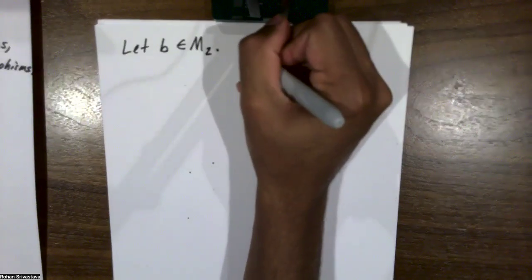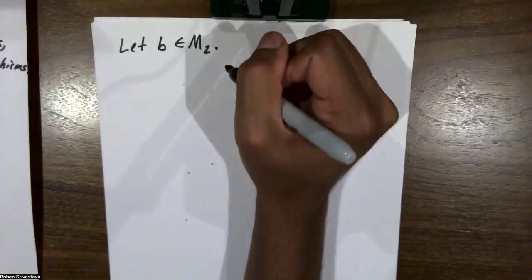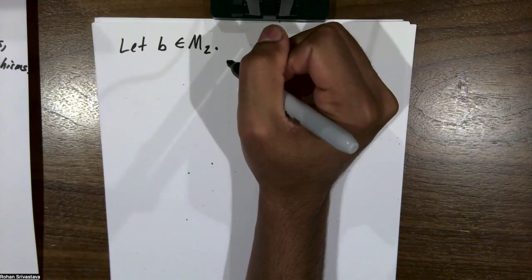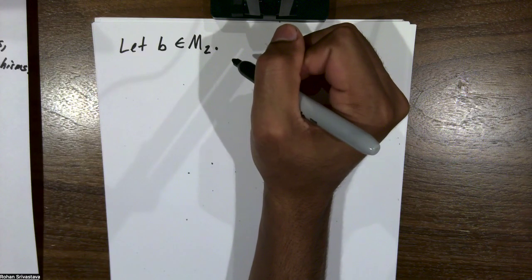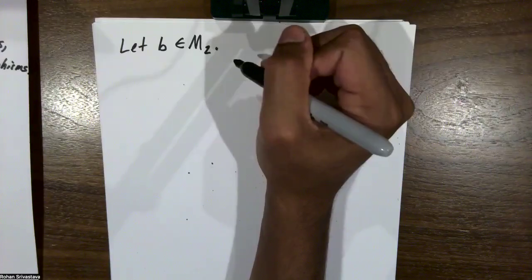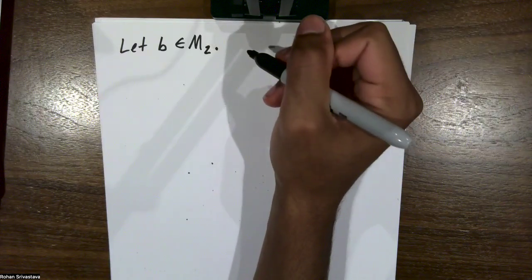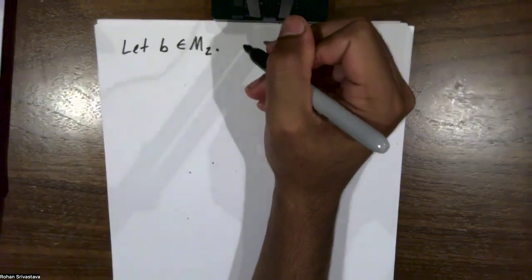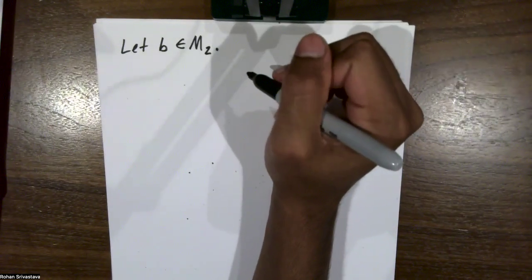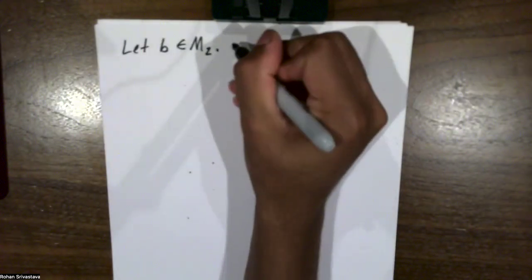Well, there's really only one thing that we can do, keeping this picture in mind. If B is in M2, the only thing we can do really is push it forward.